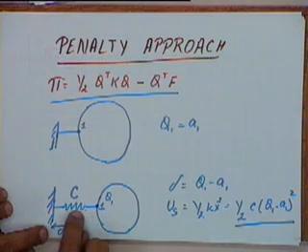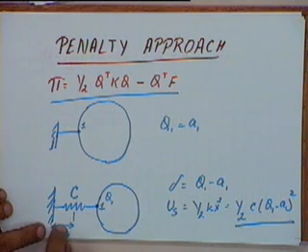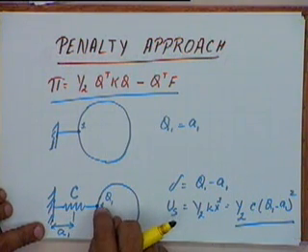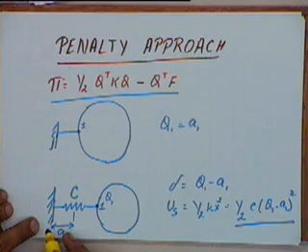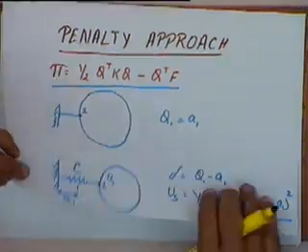This spring is so stiff that whatever deformation I am giving to this end, Q1 will also go through the same deformation. So we will now solve for this system, and then take the limit as C tends to infinity.